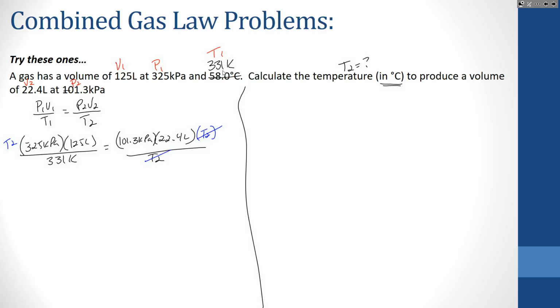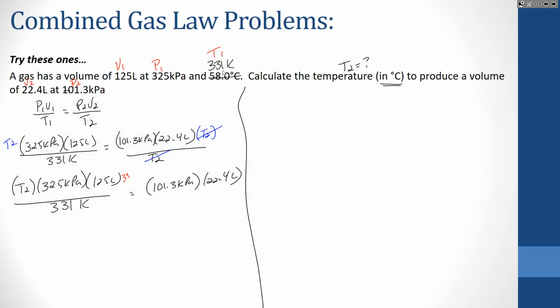So then I'm going to have to start rearranging. So I'm going to rewrite it. So we have T2 times 325 kPa times 125 liters over 331 Kelvin equals 101.3 kPa times 22.4 liters. Now, to solve for T2, we're going to have to get rid of 331. So I'm going to multiply by 331 Kelvin on this side. So that means I do it here.